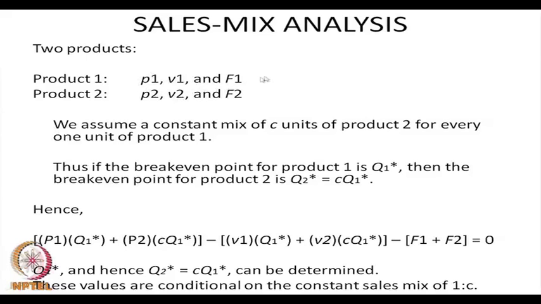Therefore, here the total income is P1 Q1 minus F1 minus V1 Q1, and here the total income is P2 Q2 minus F2 minus V2 Q2.